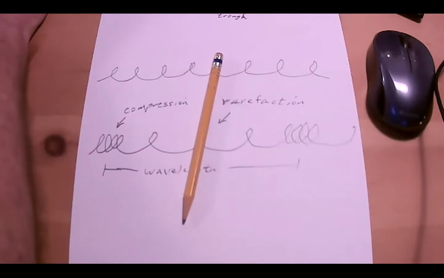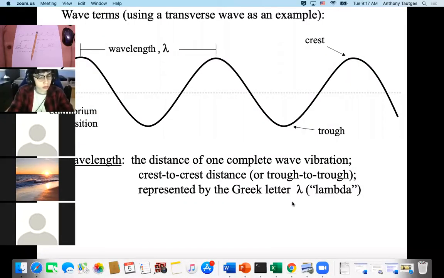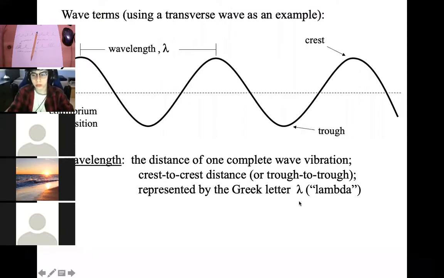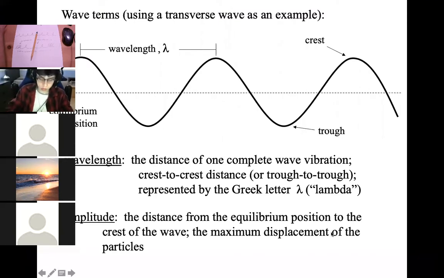I'm going to share once again. Another term is called amplitude. Amplitude is the distance from the equilibrium position to the crest of the wave. Now you have to be careful with this. On my diagram, I'm going to label it like this.